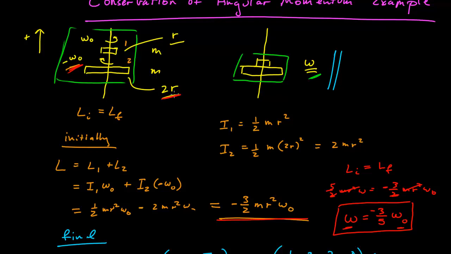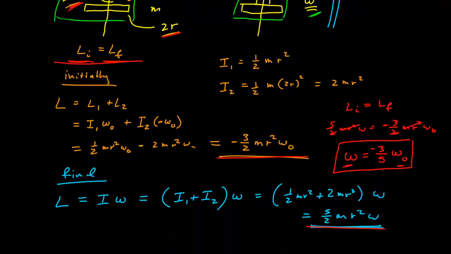But the procedure is the same as in the previous video. You have no net external torque on the system, and so the initial angular momentum is equal to the final angular momentum, and then it was simply a matter of adding all the angular momentum together.